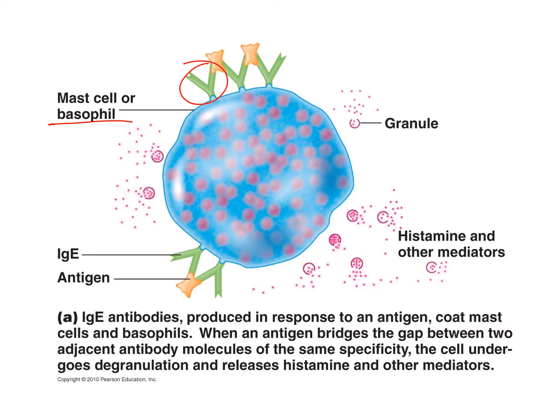So when the IgE binds to the allergen that it is specific for, that will stimulate the mast cell or the basophil to release histamine and other mediators. And this is going to lead to an inflammatory reaction. So type 1 hypersensitivities, anaphylactic reactions, cause inflammation in the individual.